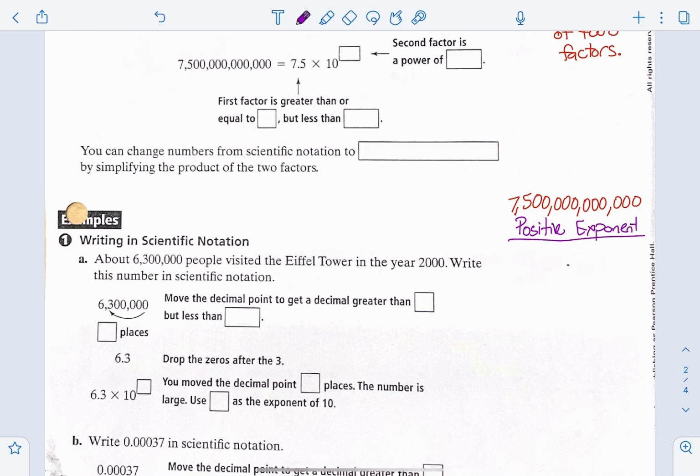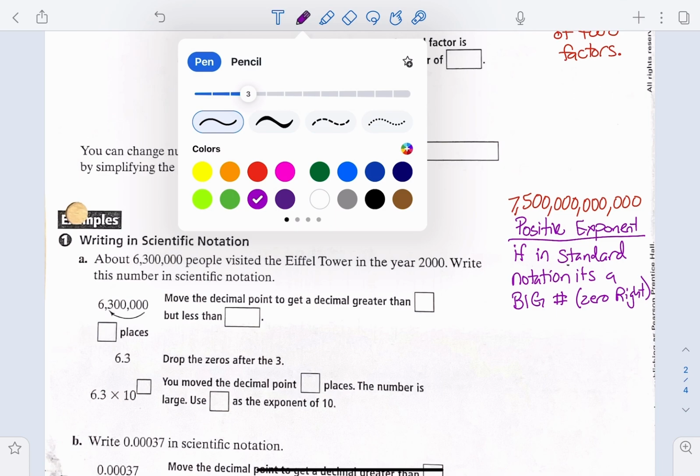We know that because in standard notation it's a big number, meaning the zeros are on the right. That's how we know it's a positive exponent.